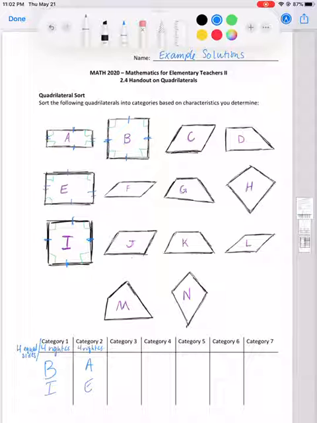All right, let's look for some other characteristics that are the same between some of the rest of them. Let's see, C. Take a look at C, J, F, and L. They all seem kind of similar, in that they're kind of slanted.